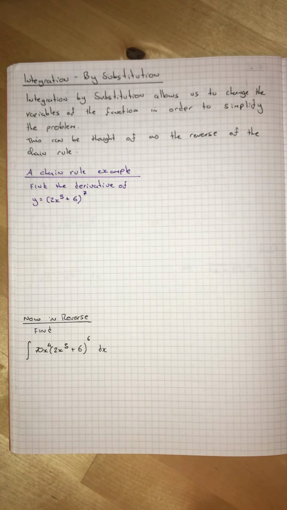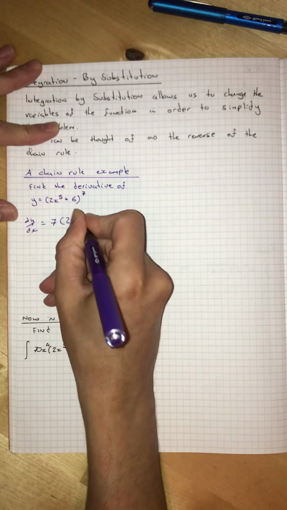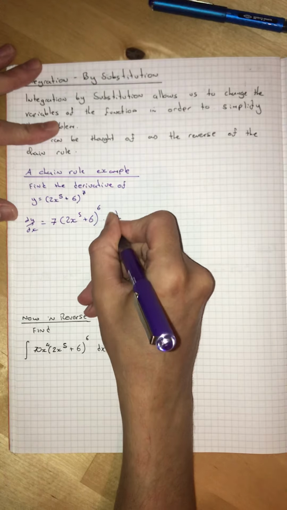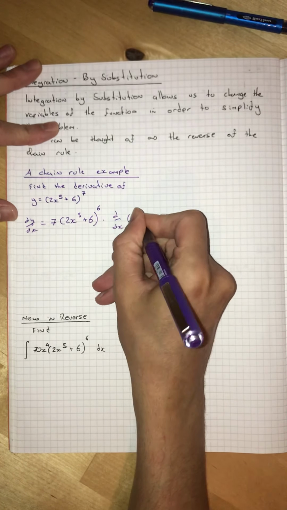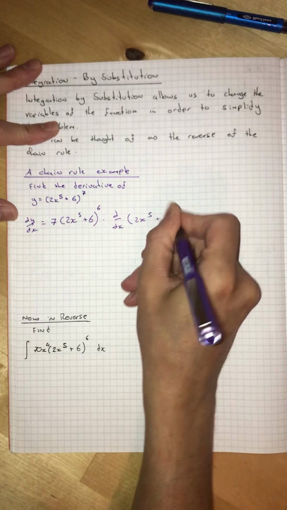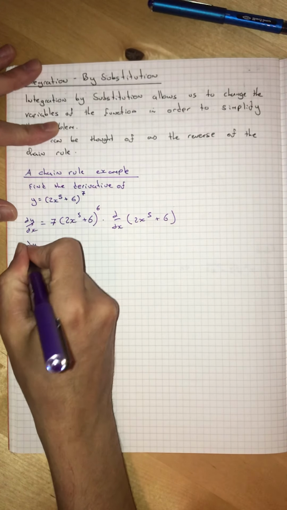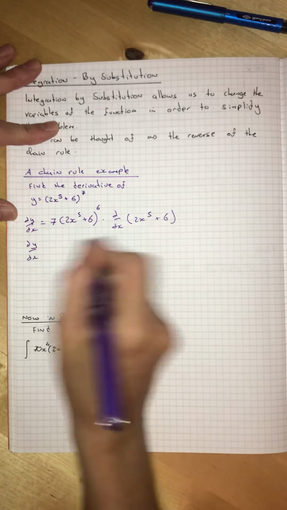So dy by dx will equal 7 times (2x^5 + 6)^6 times the derivative of what's inside the brackets. Then we can differentiate that, and we get 10x^4.